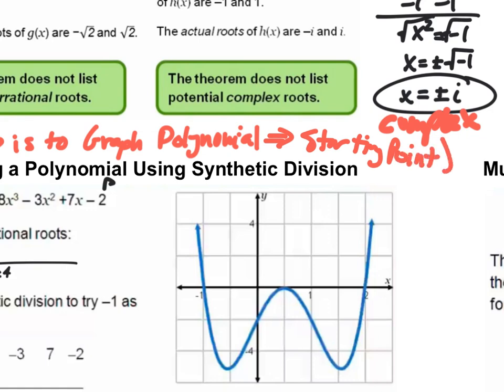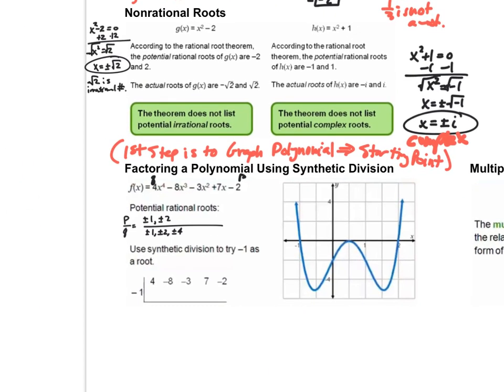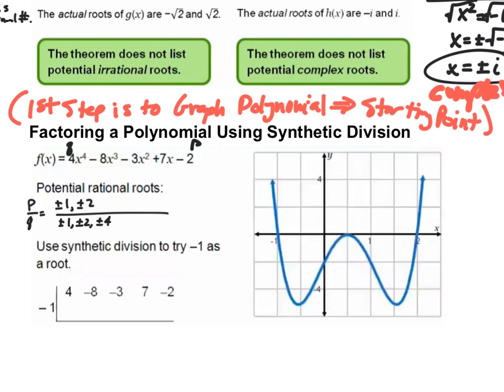The reason is that I don't want to waste my time trying all these different numbers. And so we figured out that one of my solutions is going to be -1. And that's kind of the idea.